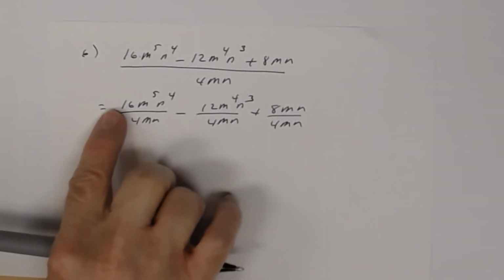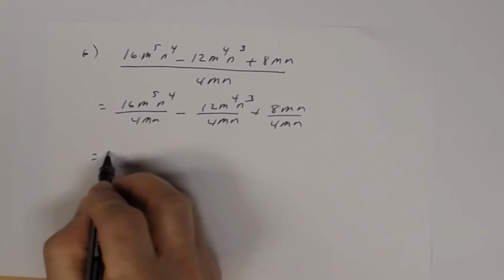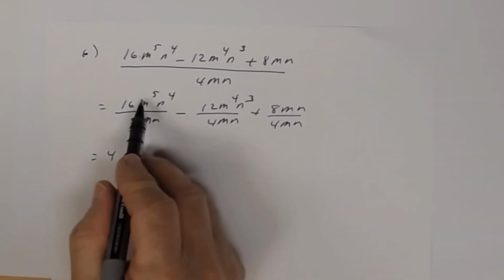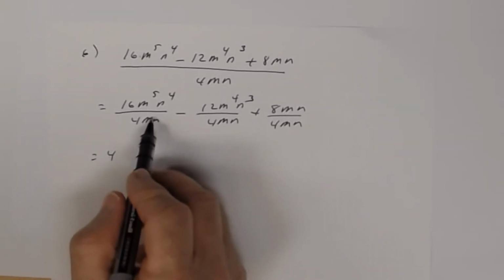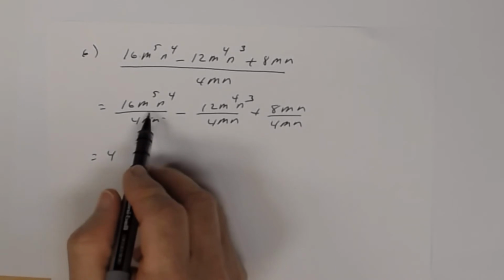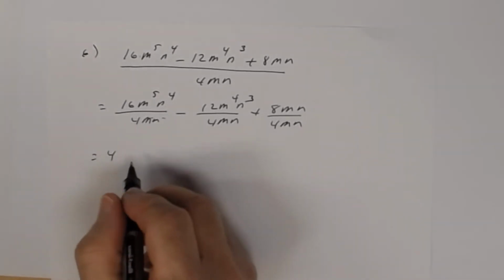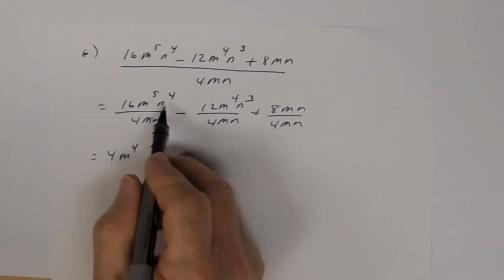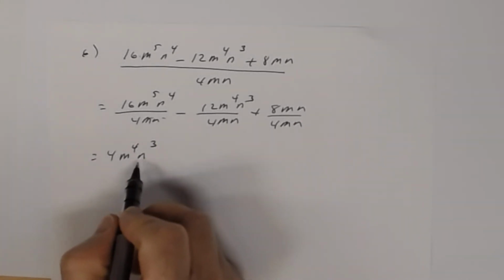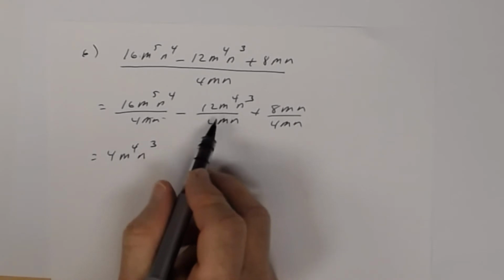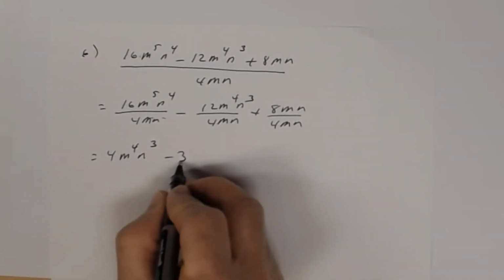So 16 divided by 4 is 4. Now you see the m's right here. You have 5 factors of m in the numerator. You have one factor of m in the denominator. Now remember this exponent right here, and both m and n are both 1s. So 5 minus 1 is 4, so you get m^4. 4 minus 1 is 3, so you get n^3. So this is this.